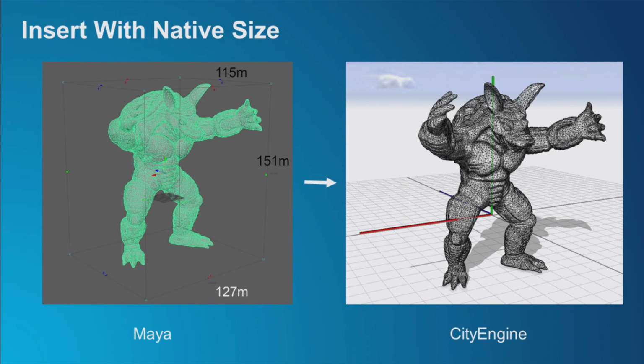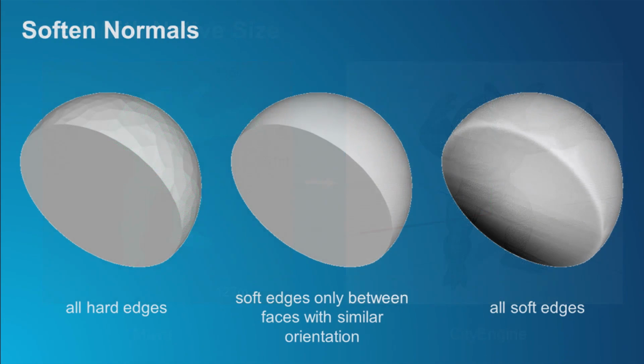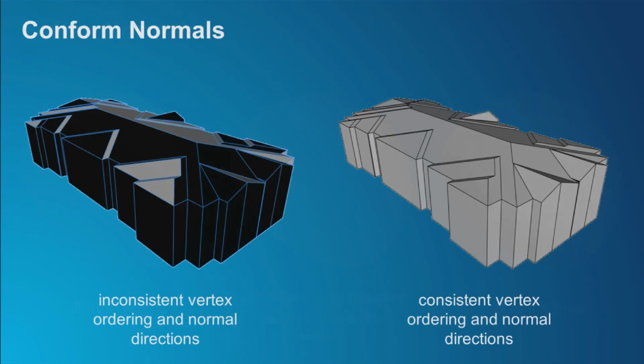When you're inserting objects, we now honor the native size. We also added more control over softening the normals, whether you want hard edges, soft edges, or all soft edges. And then conform normals, which is that function I mentioned earlier that allows you to clean up a shape.